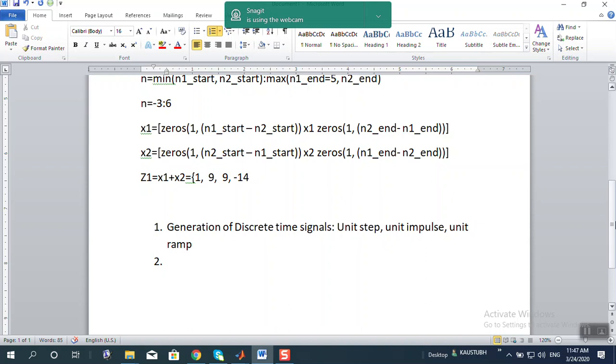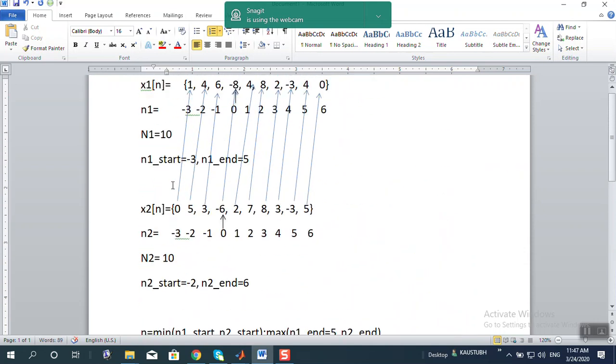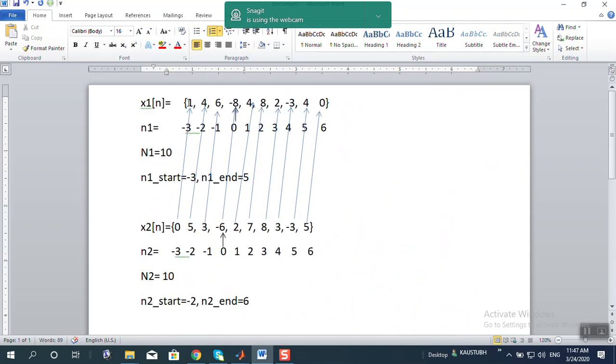Number 2, what we did is folding, shifting, and scaling, meaning amplitude scaling. Suppose in a signal x of n there is a scalar 5. So 5 into 1 is 5, 5 into 4 is 20, 5 into 6 is 30, like that.